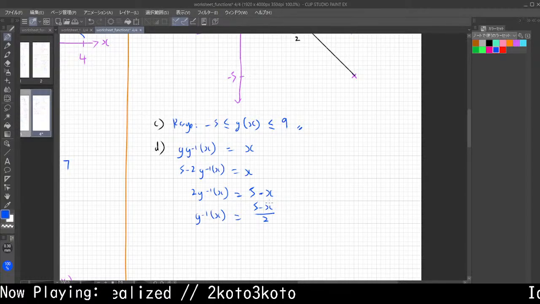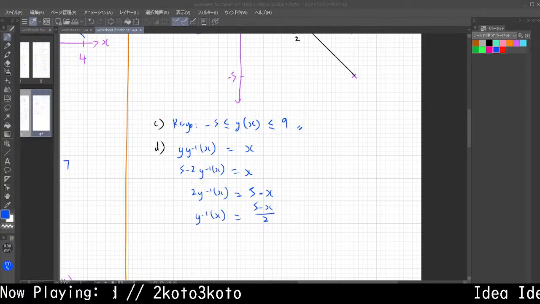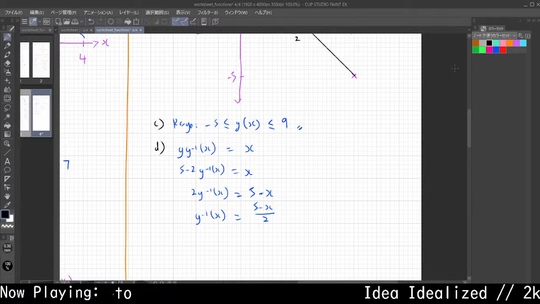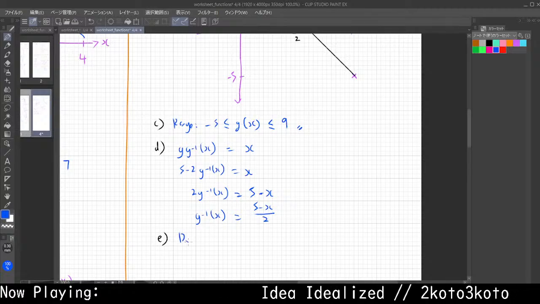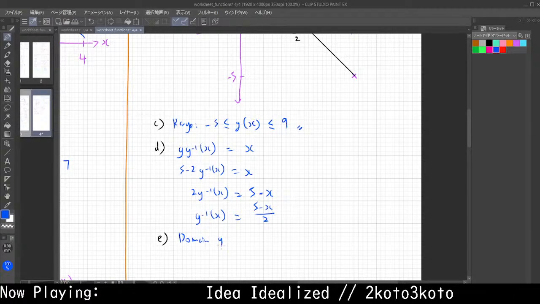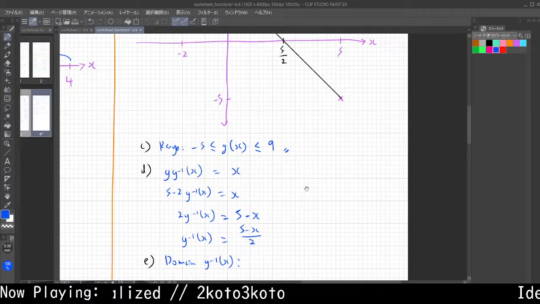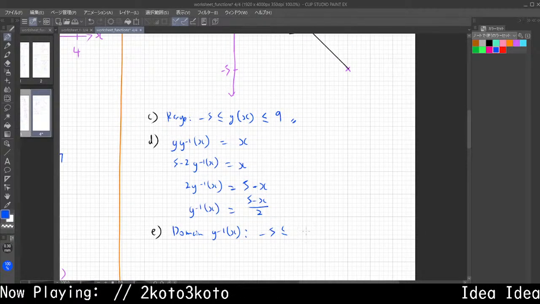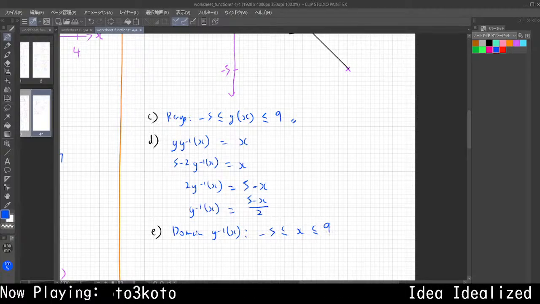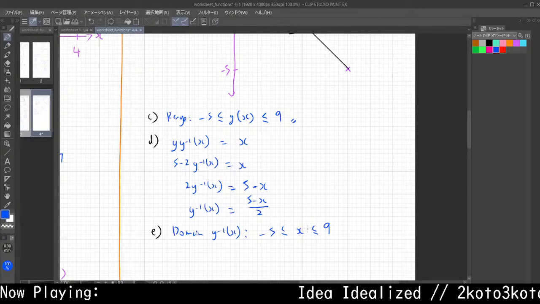Okay, and then question E, state the domain and range for g inverse. Same thing, the domain for g inverse is the range of g(x), so you will get between -5 and 9, with x.